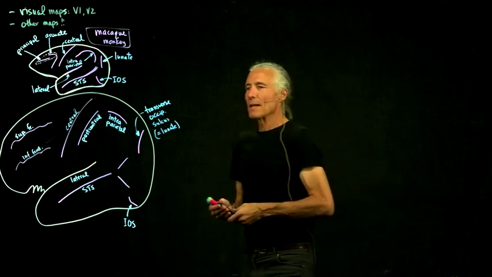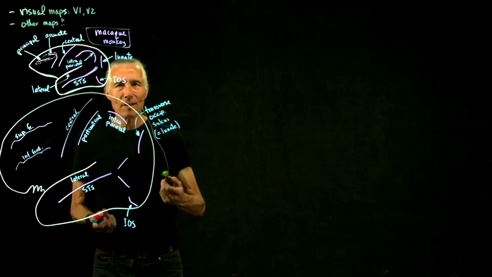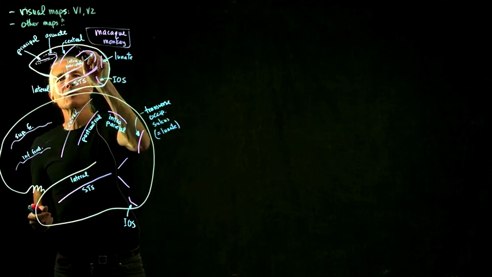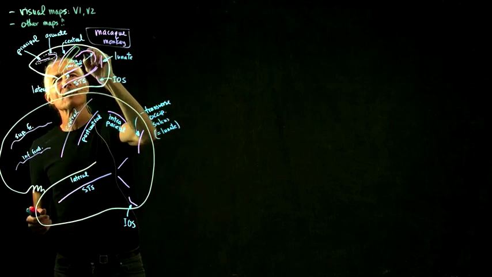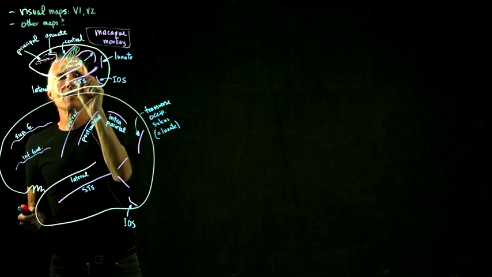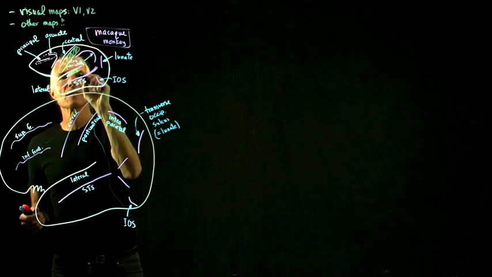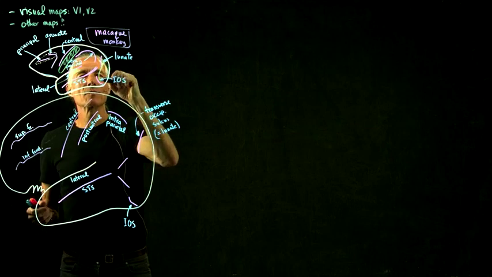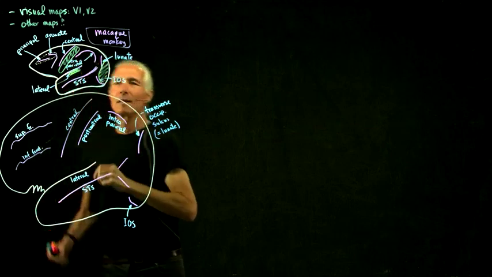Okay, so what does that mean in terms of how the areas are arranged? Well, we know primary somatosensory cortex is over here. Primary auditory cortex is kind of stuck into the lateral sulcus. Primary visual cortex is over here.